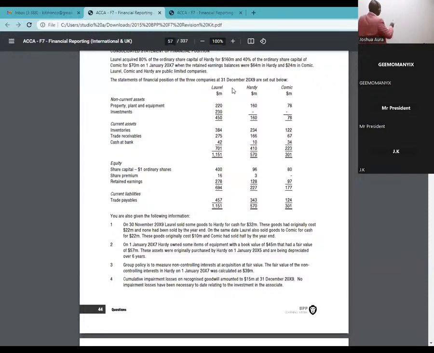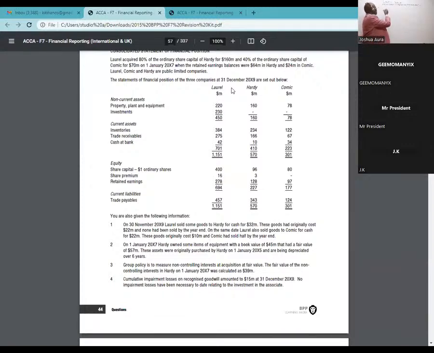So we have here Laurel Group consolidated statement of financial position as at. I'm so sure that one is something that all of us are very good at. Ladies and gentlemen, I'll simply start copying this table the way it is.